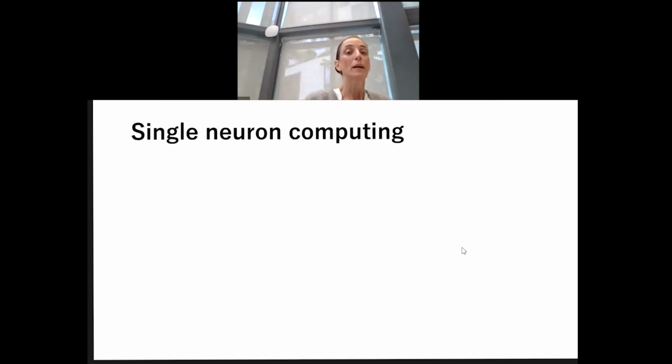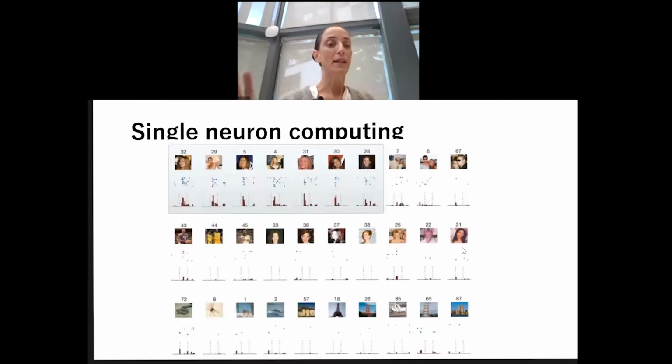All right, so not long ago, perhaps a few decades ago, we believed that single neurons hold some information. And in fact, there was a very famous paper in Nature, and the headline was that Jennifer Aniston strikes a nerve, okay?